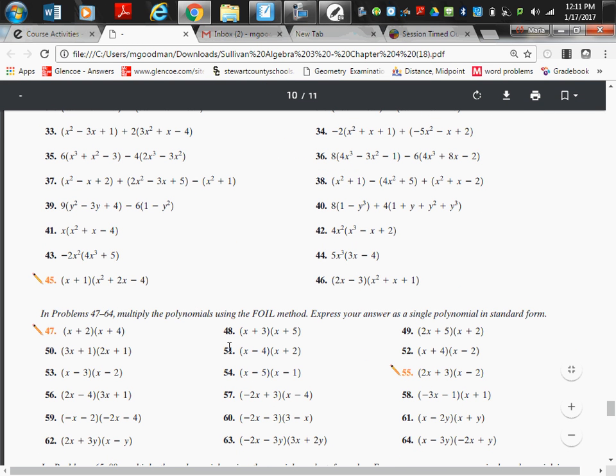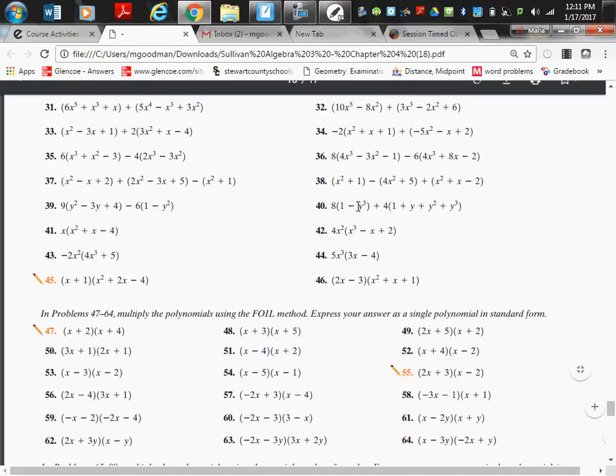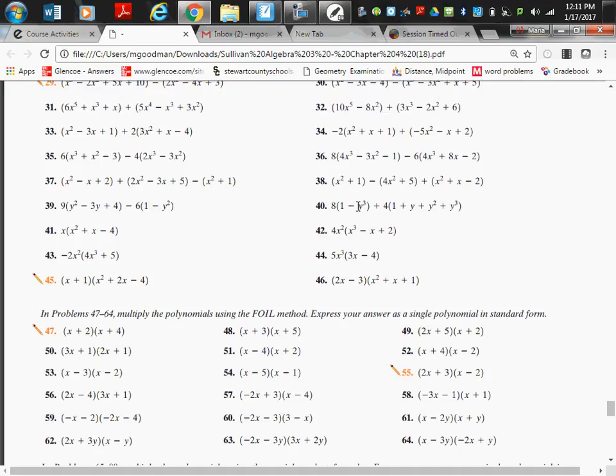So what number's in front of that Y? How many Y's are there? 4. How many Y's are right here? 3. You have Y cubed.